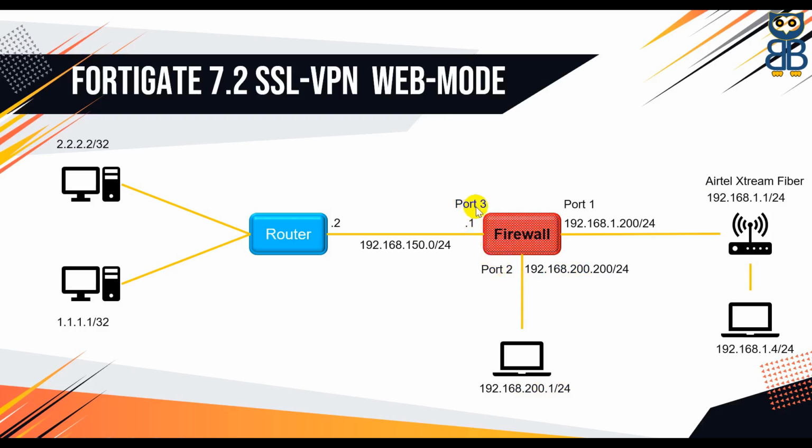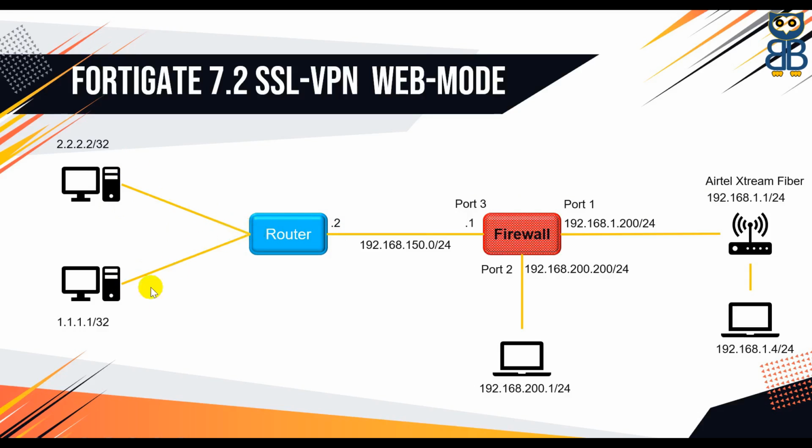Port number 3 is basically used for the LAN connection, and here I'm using the 192.168.150.0/24 subnet, and we will give the .1 IP address on port number 3. On the router part, we have Ethernet 0/0, and I will assign the 192.168.150.2/24 IP address on the Ethernet 0/0 interface. Please do not consider these as physical ports.